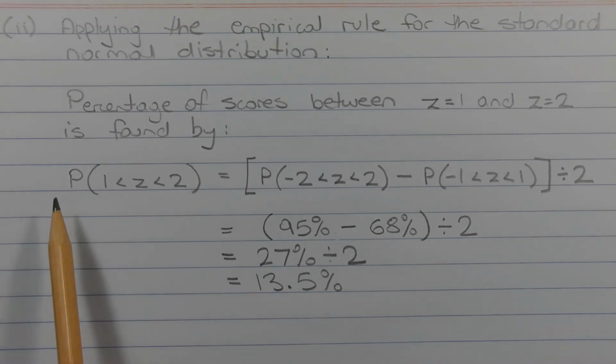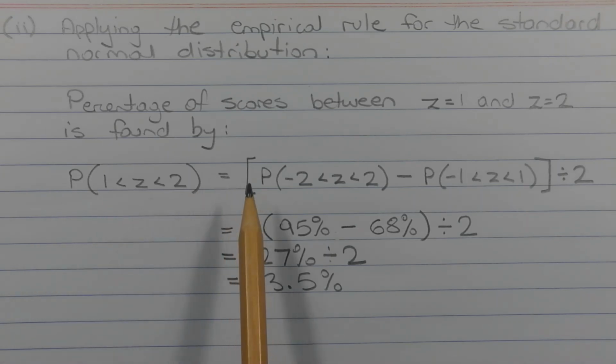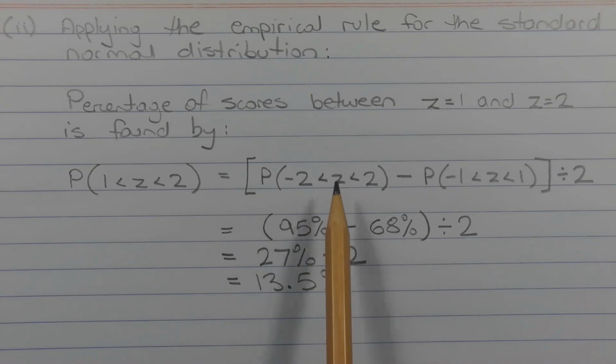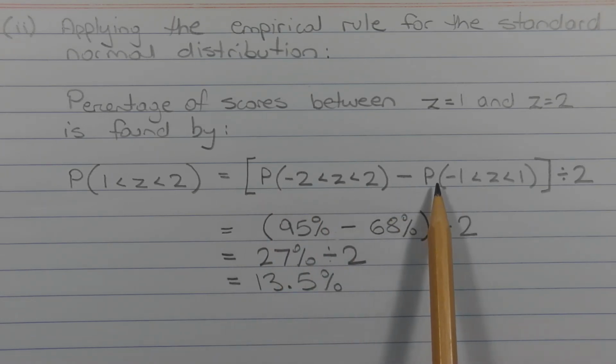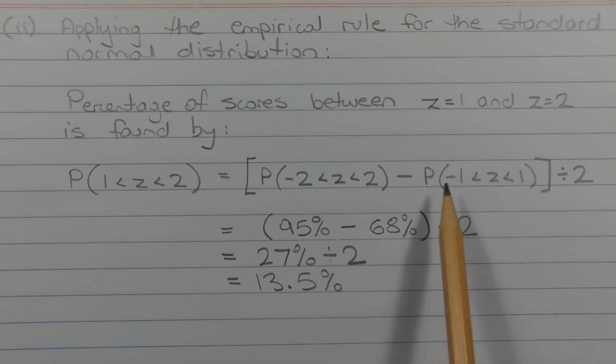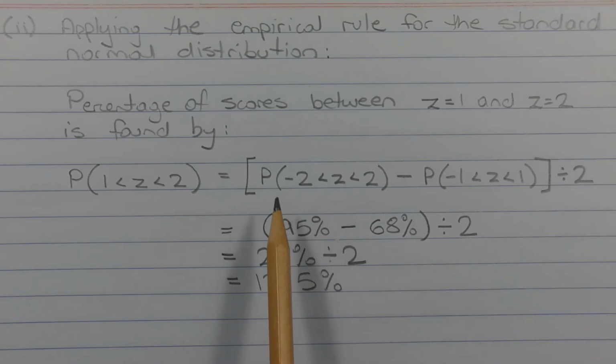So the percentage of scores from a z-score between 1 and 2 is equal to the percentage of scores from a z-score between -2 and 2 minus the percentage of scores from a z-score of -1 to +1 in brackets, and then divide that result by 2. And the percentage of scores from a z-score of -2 to +2 is 95%.